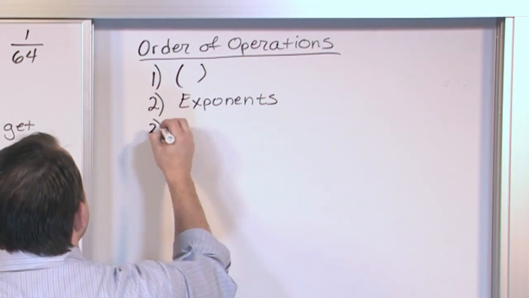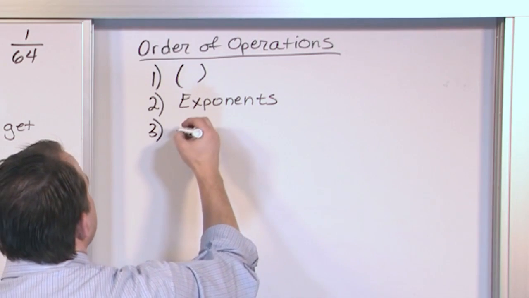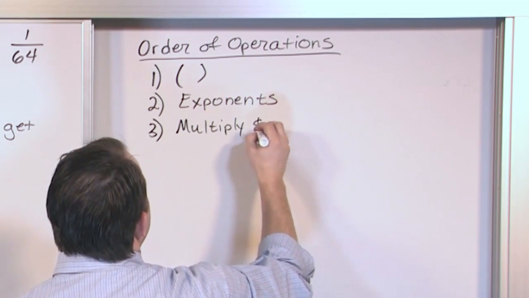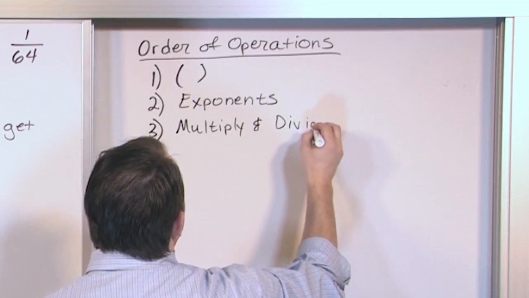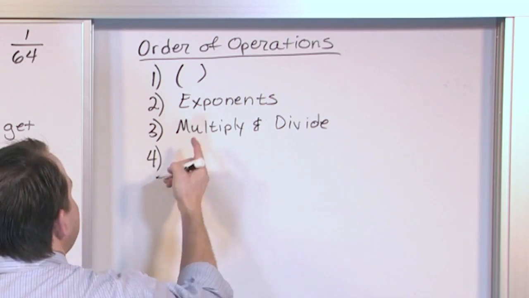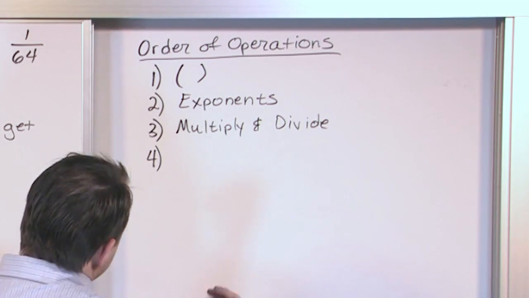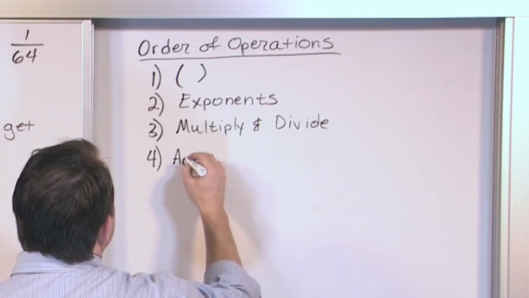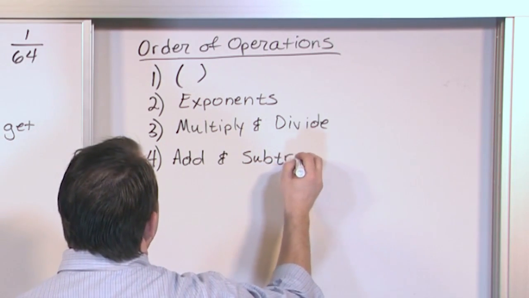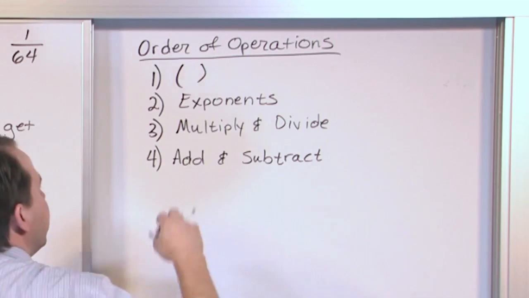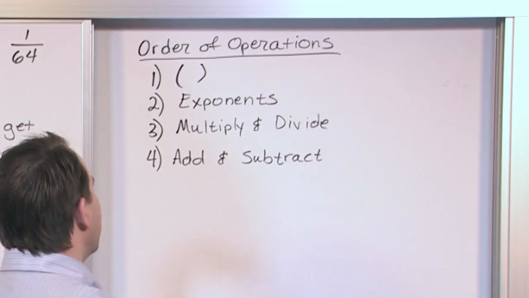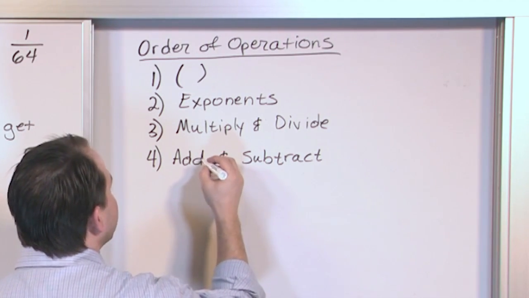Okay, the next thing you do is multiplication and division, if you have any multiplication and division. And after that, the least important, quote unquote, thing is add and subtract. All right, folks, that is my list of order of operations. Your textbook might have a longer list with special rules and things to remember.